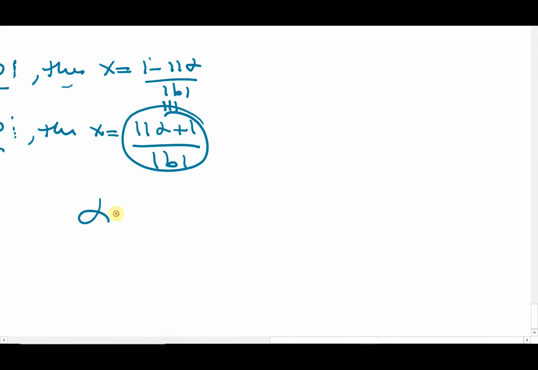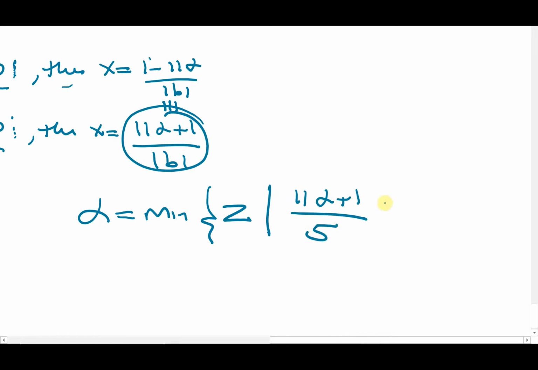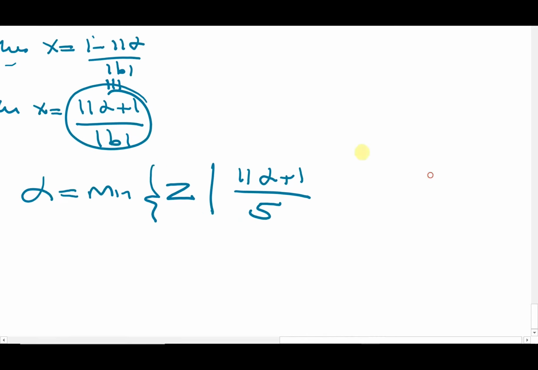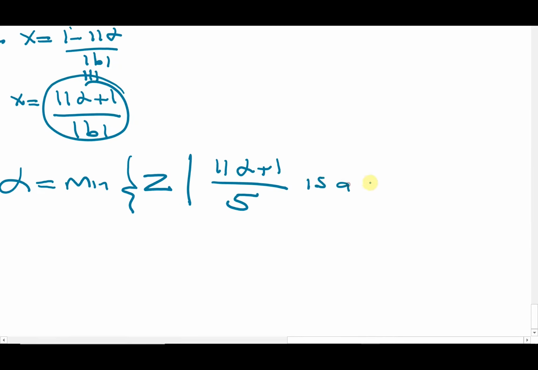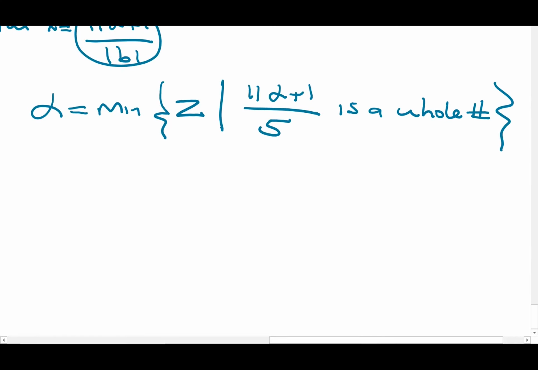So we know alpha is just the minimum z such that 11 alpha plus 1 over b, which is 5, is a whole number. So this is like trial and error.